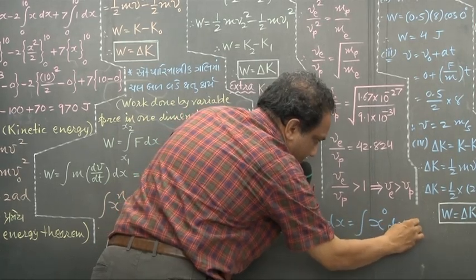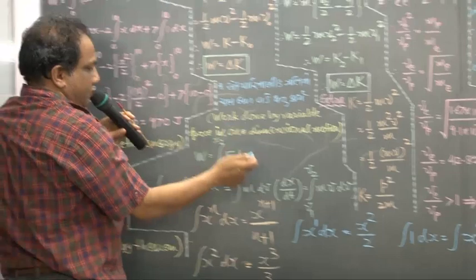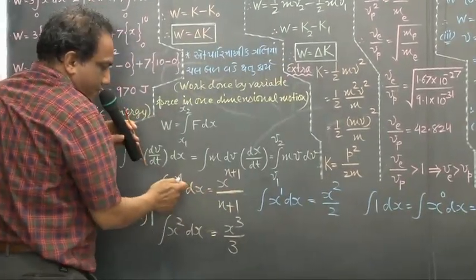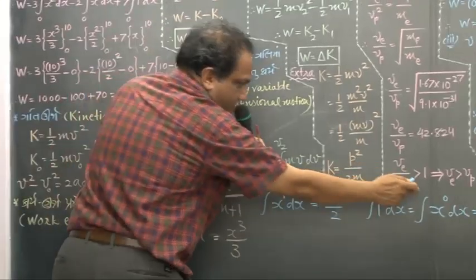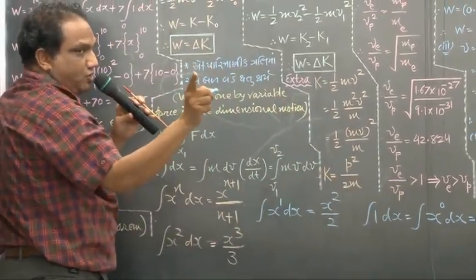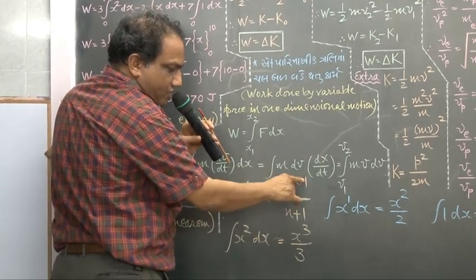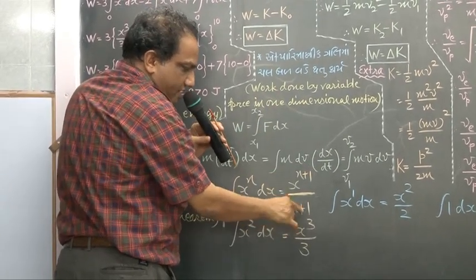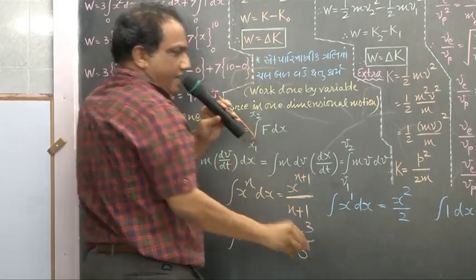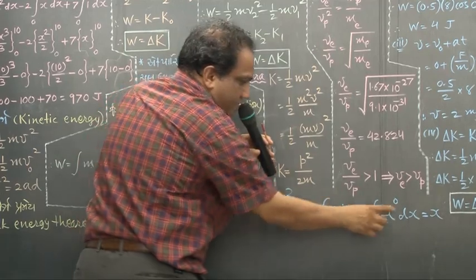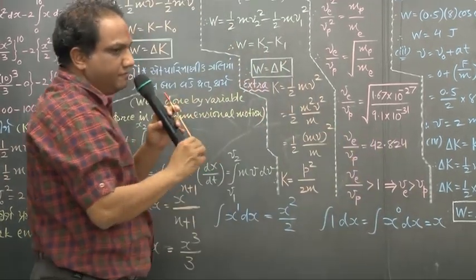Compare these two: the power of x, here it is n, here it is 0. So n equals 0. Put it here: x raised to 0 plus 1, that is x raised to 1, that is x, and here 0 plus 1, that is 1. x upon 1, that is x. So integration 1 dx is x.